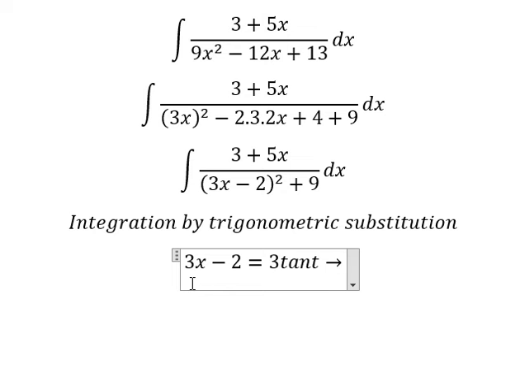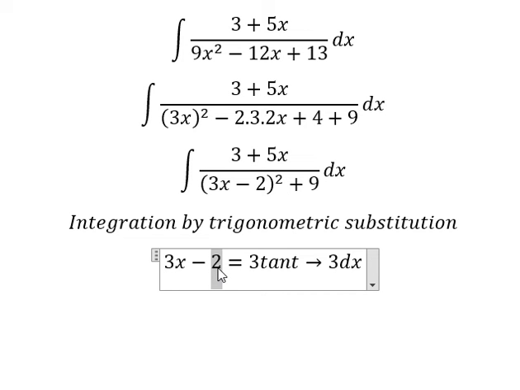Next, we take the first derivative of both sides. The first derivative of x is number 1. The first derivative of number 2 is a constant, so you get 0 in here.